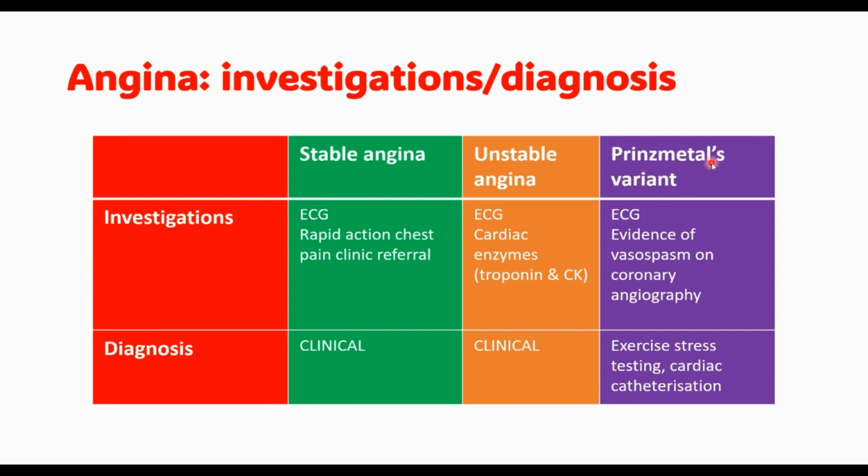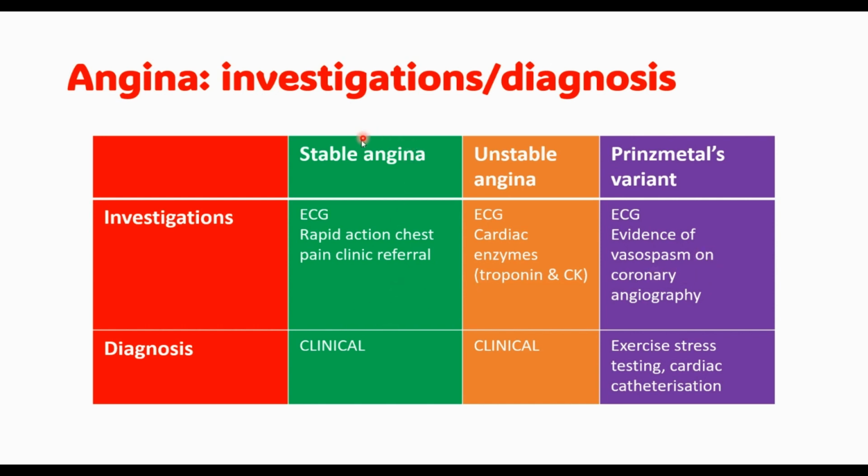And then what you'd want to do for Prinzmetal's is an ECG again, to rule out other causes, and then you'd want to try and find evidence of this coronary artery vasospasm, and you can do this by using angiography. So it's a type of imaging which helps you to look at the arteries of the heart and observe them in time to see if they're going through this vasospastic process.